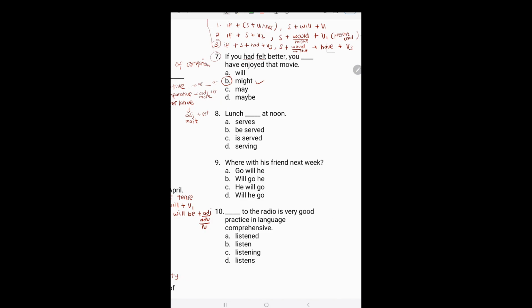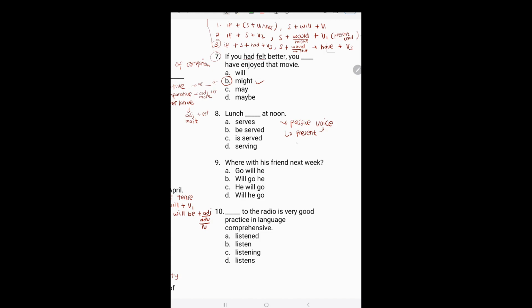Number 8. Lunch blah blah blah at noon. Makan siang blah blah blah pada siang hari. The several choices: serves, be served, is served, serving. The sentence is a kind of passive voice, but the form here is the present passive voice.